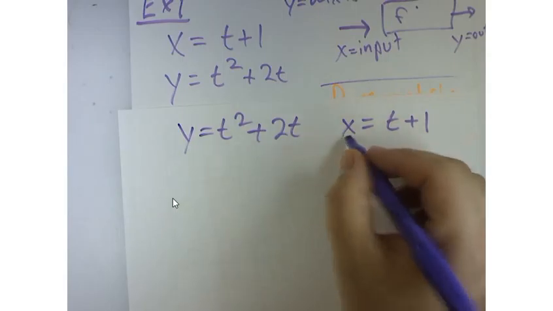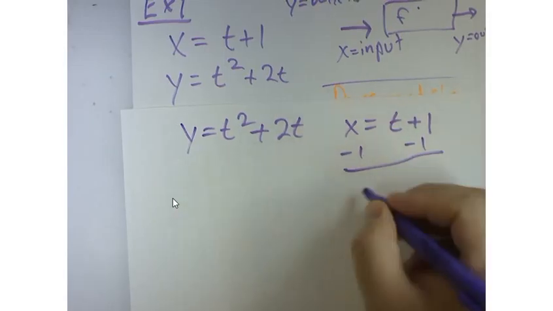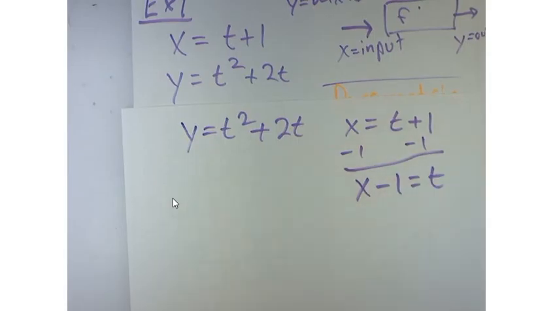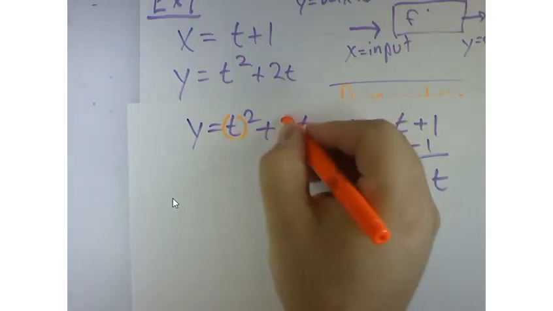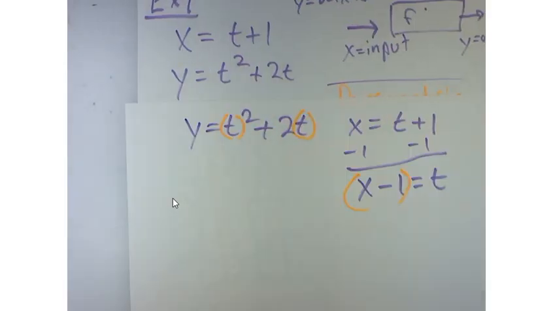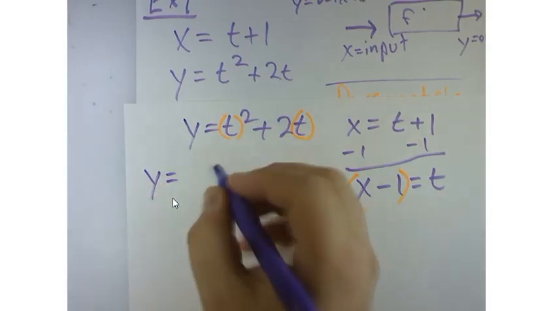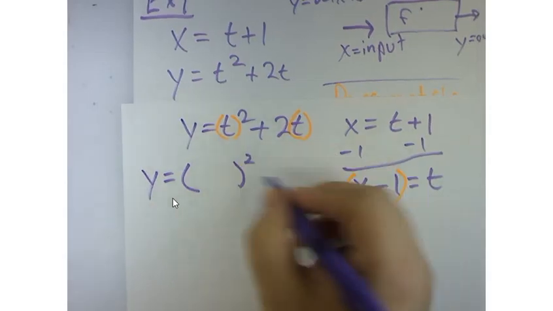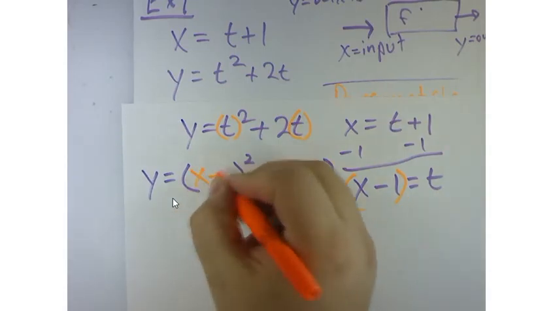I'm going to take this equation and solve for t by subtracting 1 from both sides, and I get x minus 1 equals t. So what I'm going to do is I'm going to take this and plug it into my y equation wherever there's a t. Does that make sense? So I'm going to say y is equal to something squared plus 2 times something. That's why our last section was on composite functions. So what's that something going to be?